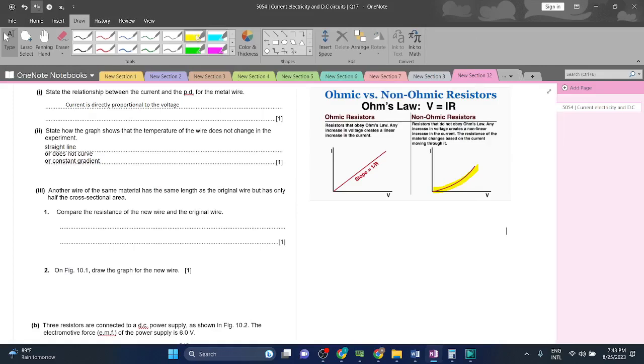Another wire of the same material has the same length as the original wire, but it has half the cross-sectional area.